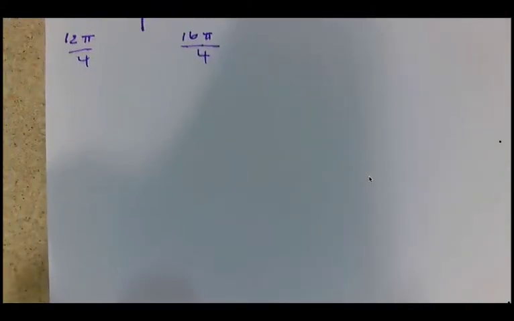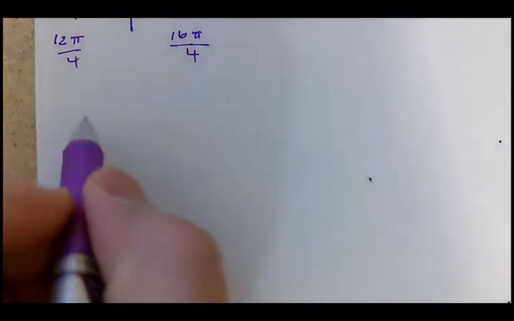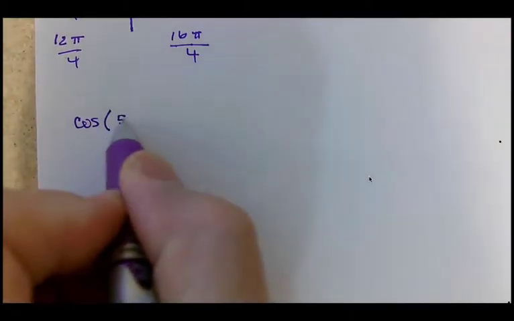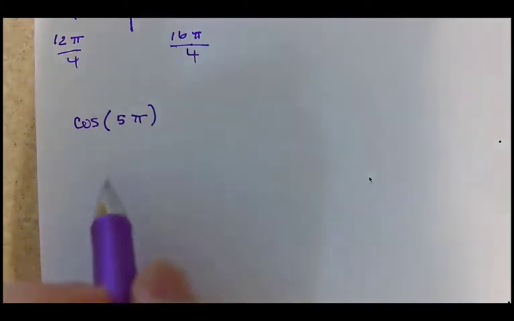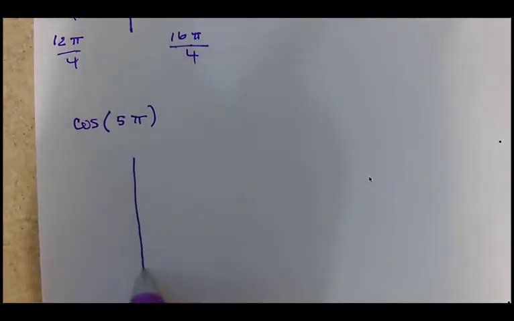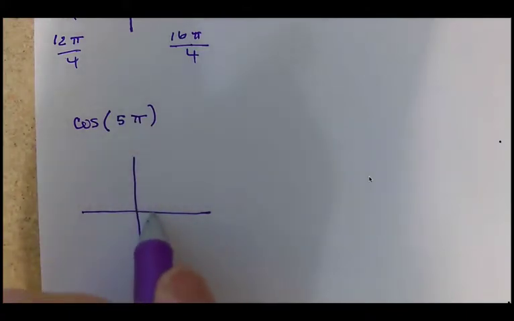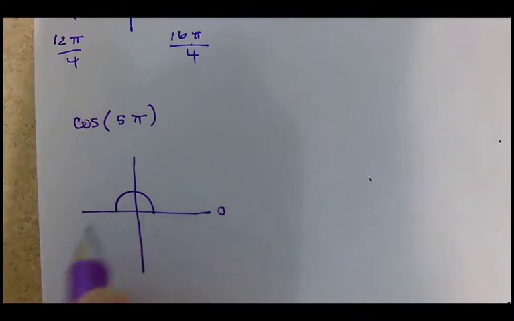The next one was cosine of 5 pi. Again, draw your unit circle. We start off here at 0. There's pi.